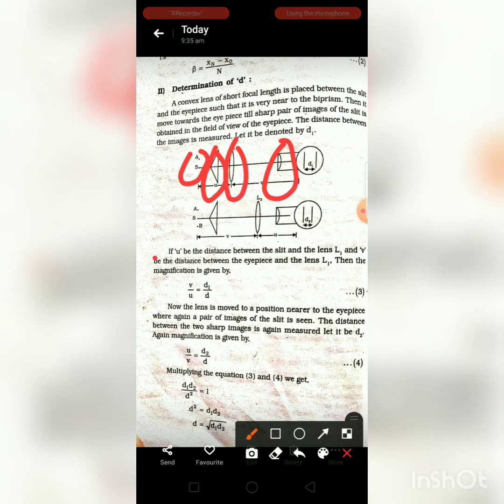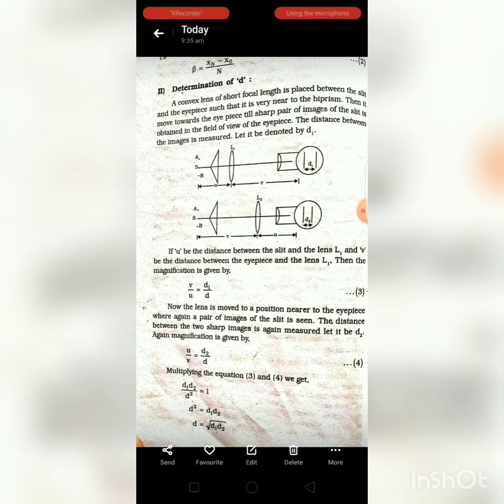In the eyepiece there are cross wires. You have to note that particular reading, placing the cross wire on that particular dark or bright fringe. Before you note that, that is x0.